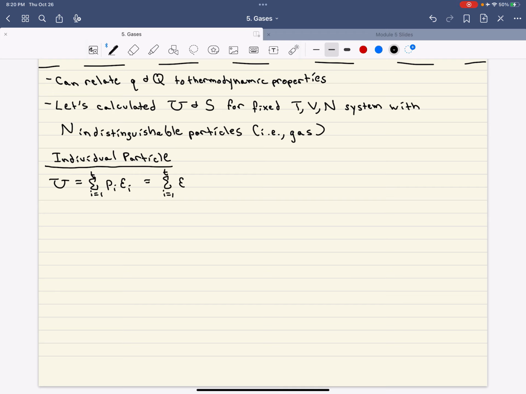We move epsilon over here, and then we can write the probability like this, where lowercase q is just a summation of our Boltzmann factors.